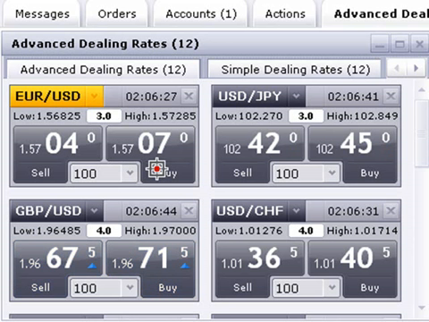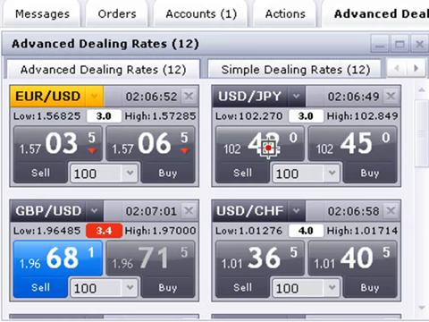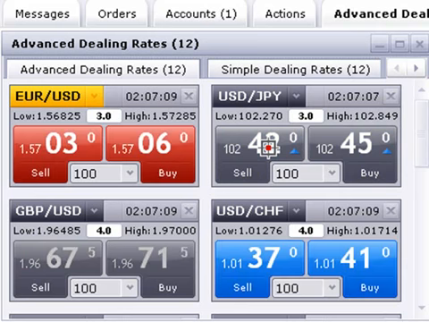Moving across the quote window to the right, the next currency that we see is the dollar-yen currency pair, or the U.S. dollar-Japanese yen currency pair. Notice that where the euro was the base currency in the last example, the U.S. dollar is the base currency in this example, and the Japanese yen is the counter currency.